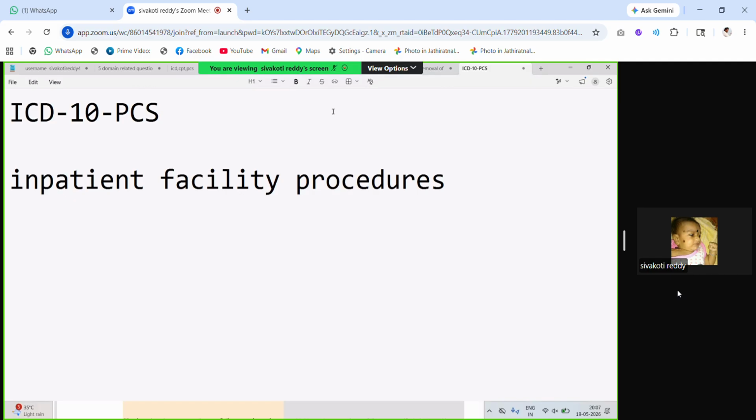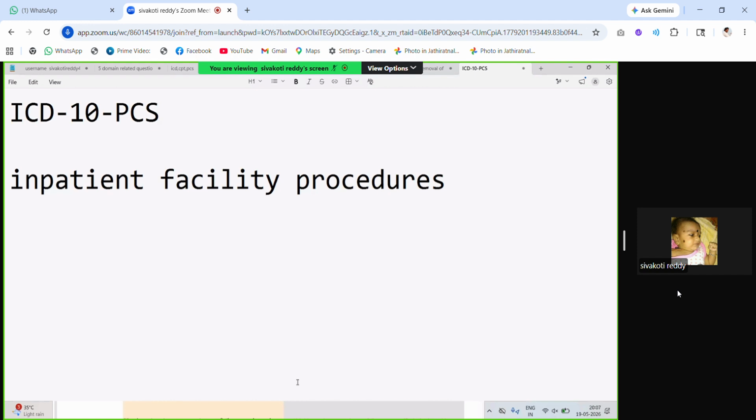What is the meaning of inpatient? Inpatient means the patient is admitted to the facility for more than 24 hours, and discharged after 24 hours.